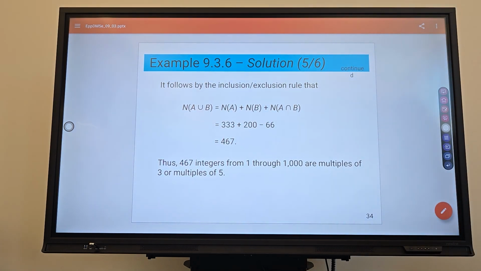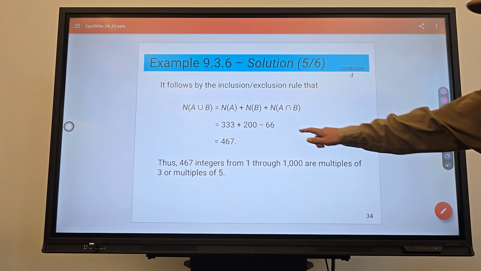It follows by the inclusion-exclusion rule that n of A union B is equal to n of A plus n of B minus n of A intersection B. I'm sorry, that should be a minus symbol.